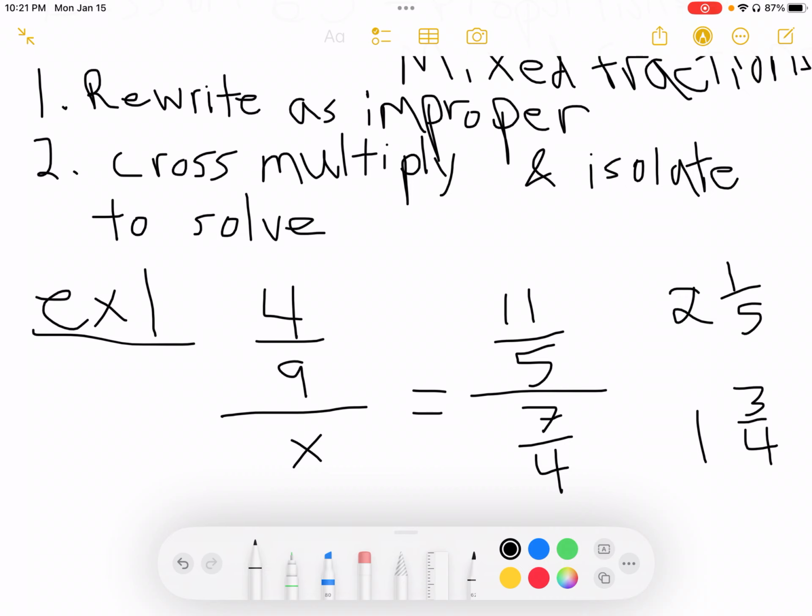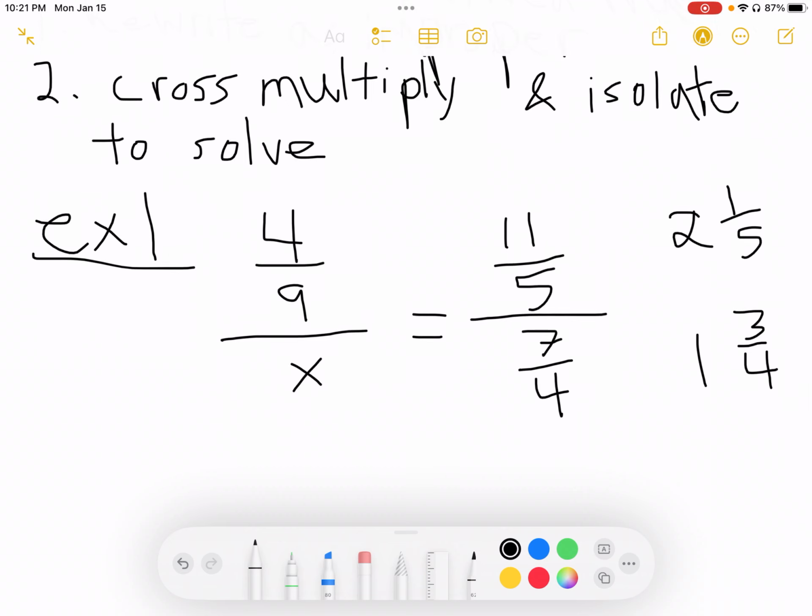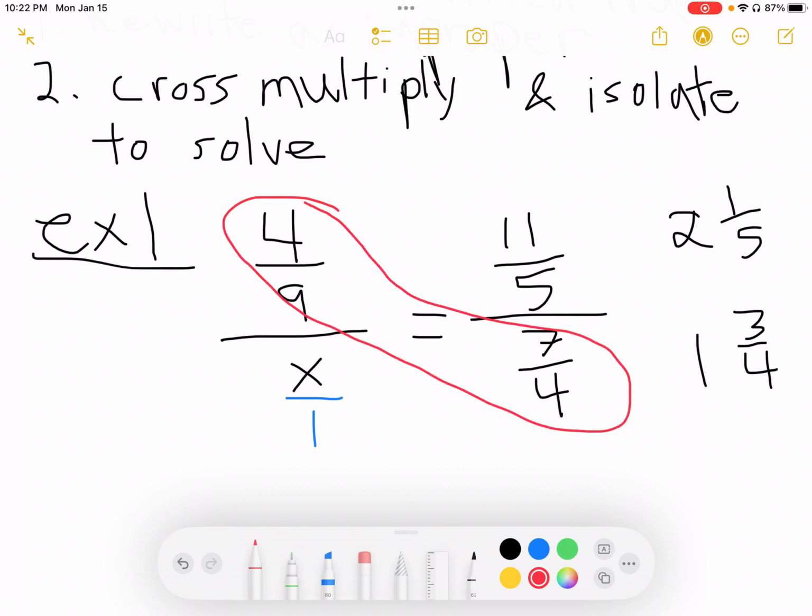Okay. And then if I'm going to cross multiply, what does that mean? Well, before I finish doing that, x is over 1. So you can see that they're all fractions. Anything can be made a fraction if you just divide it by 1. It doesn't change the value. So if I'm going to cross multiply, that means I multiply my cross fractions here, and then they're equal to the other ones that are crossed and multiplied.